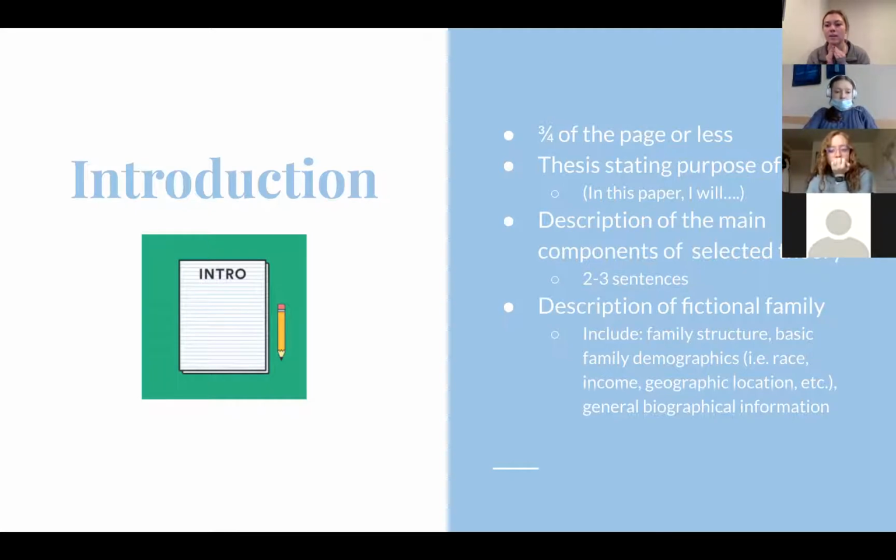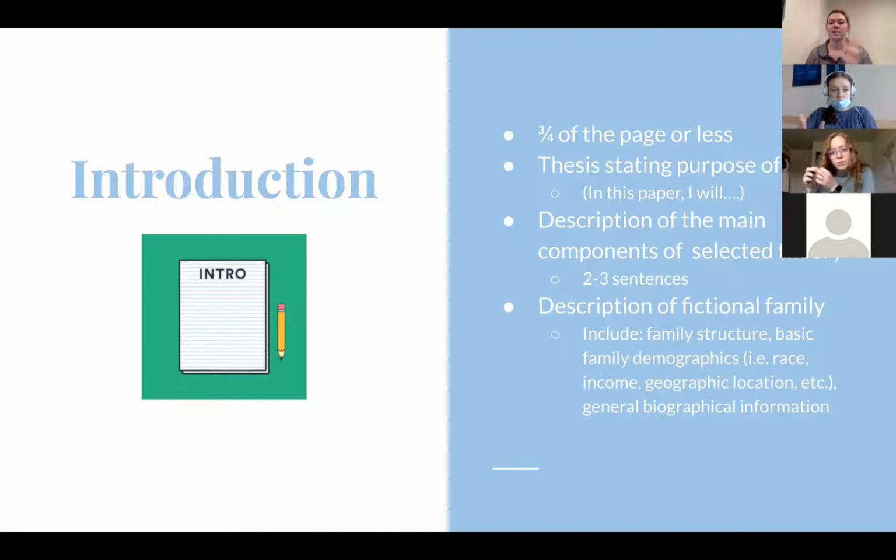the main components of the theory. So throughout the paper, you can assume that we as TAs know what you're talking about and you don't have to explain everything, but we do want 2 to 3 sentences in the introduction that explains the basics of the theory. So you don't want it to be like, this theory is really great because it's going to help us understand the family better, and it talks about subsystems, and so we're going to be able to really understand the sibling dynamic.